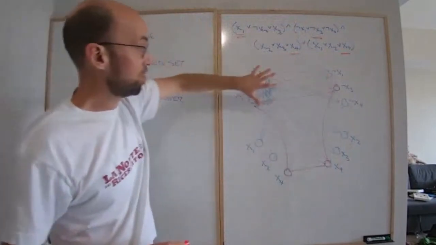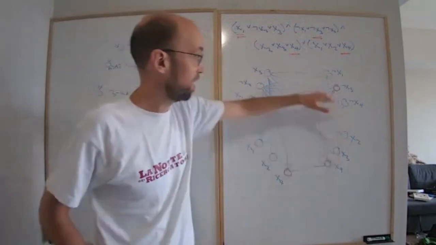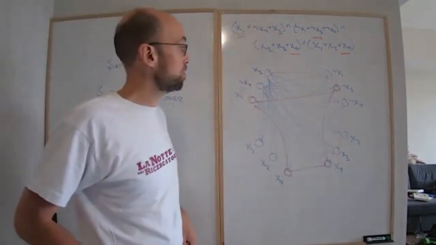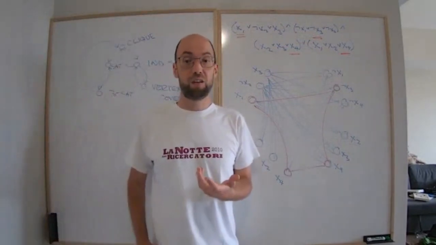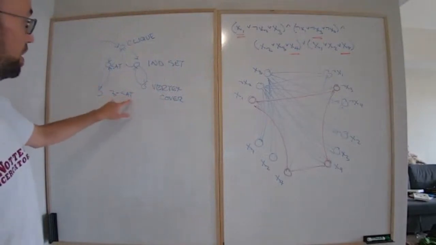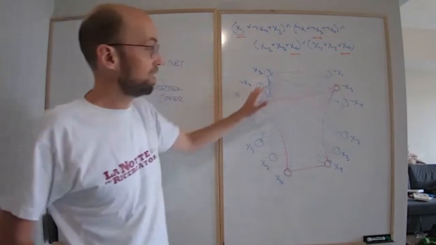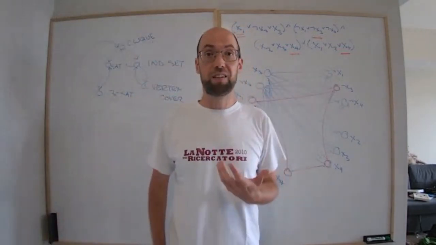So if there is this clique, it means that those literals can be satisfied at the same time. And if I have a satisfying truth assignment, it means there has to be a clique. So that's how, given a formula in 3-SAT, I can turn it into an instance of clique.